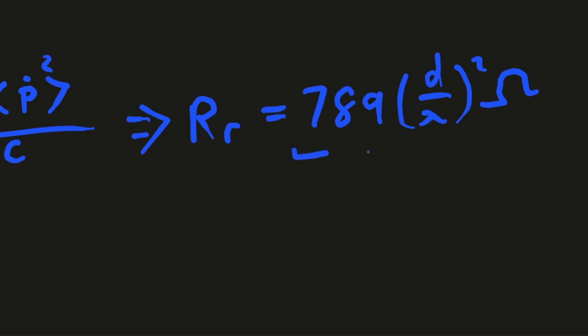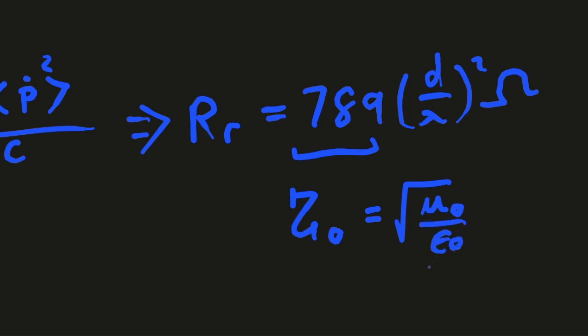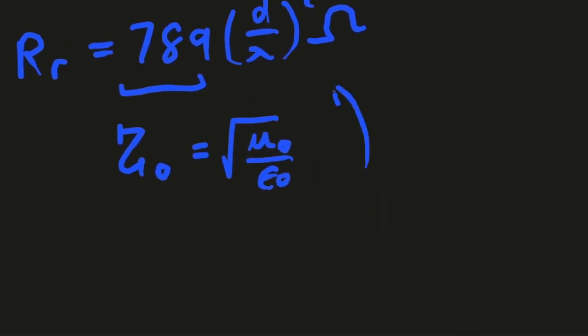Now this is the impedance of free space, √(μ₀/ε₀). And this is valid if the dimensions are much smaller than the wavelength, which is the dipole approximation we made earlier on.